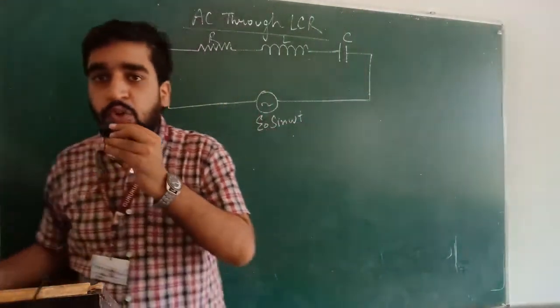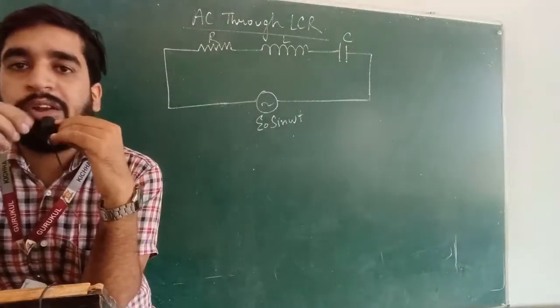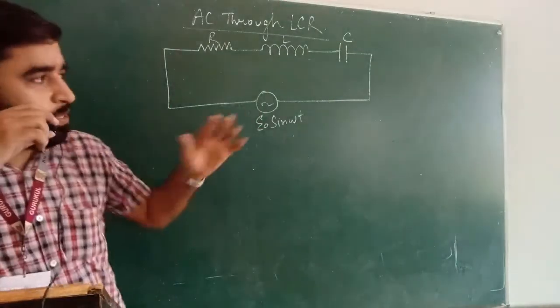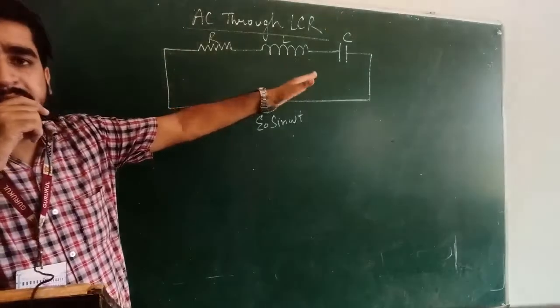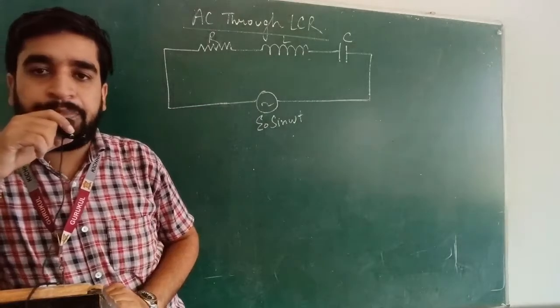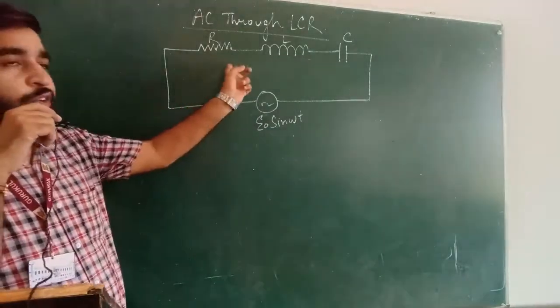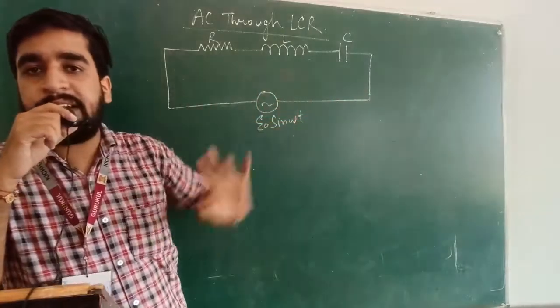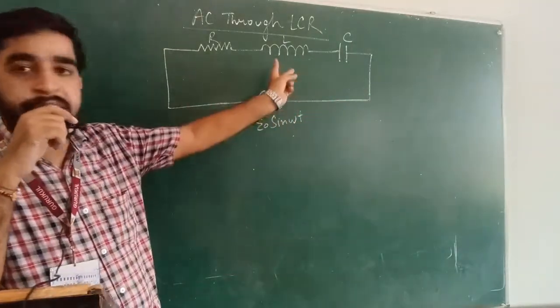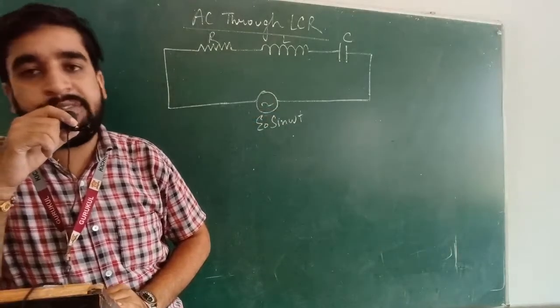Now students, firstly you have to know that any circuit cannot be a purely resistive circuit or purely inductive circuit or purely capacitive circuit like we have studied. This can be done if the value of resistance and capacitance in a circuit are very less as compared to its inductance. So that is known as a purely inductive circuit.